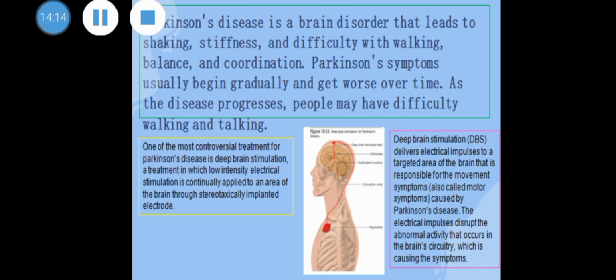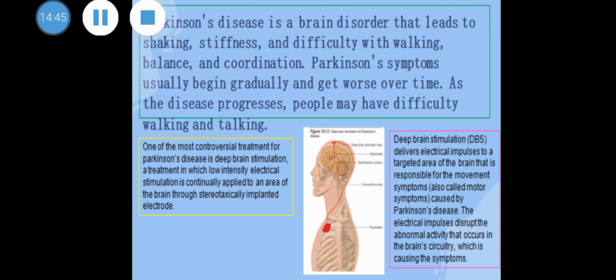Deep brain stimulation (DBS) delivers electrical impulses to a targeted area of the brain that is responsible for the movement symptoms, also called motor symptoms, caused by Parkinson's disease. The electrical impulses disrupt the abnormal activity that occurs in the brain circuitry, which is causing the symptoms.